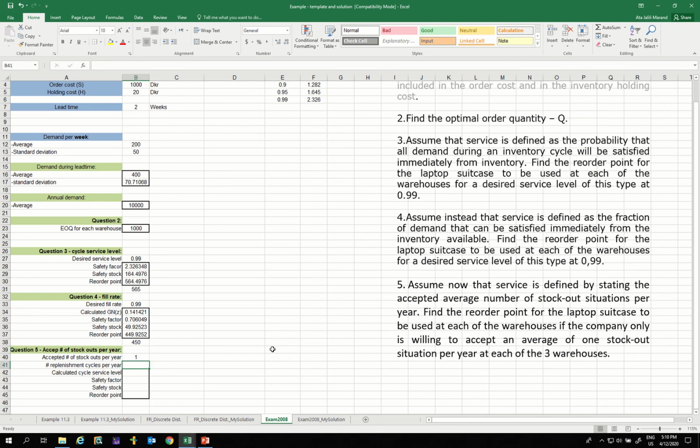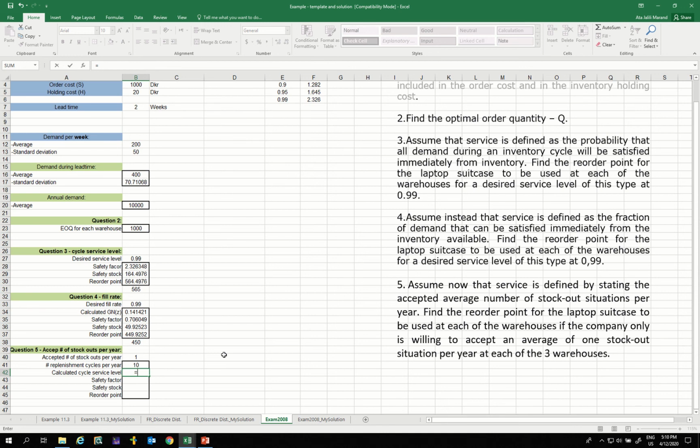So let's see what is the number of replenishment cycles per year. If you remember, for demand equal to 10,000 and order quantity equal to 1,000, then the number of replenishment cycles was equal to 10. So it is D over Q. Next, we can calculate the cycle service level, which is in fact the fraction of the cycles in which we do not have a stockout.